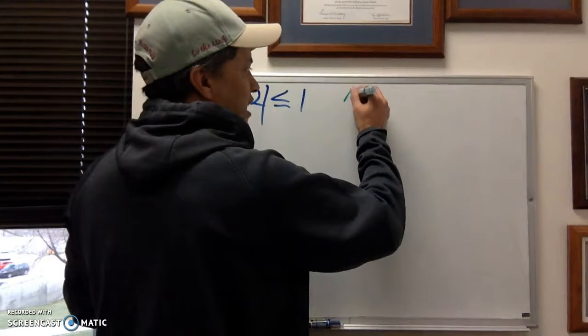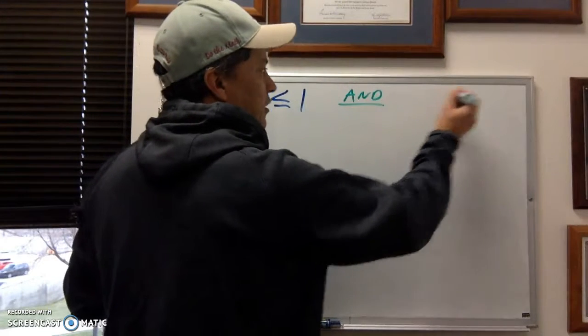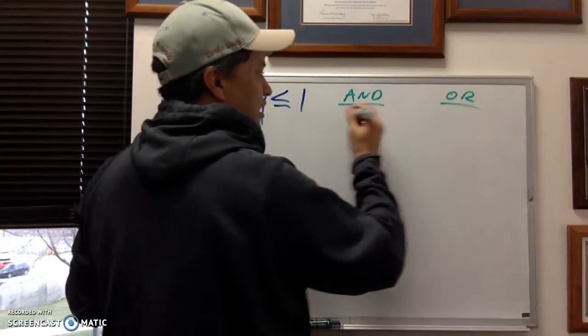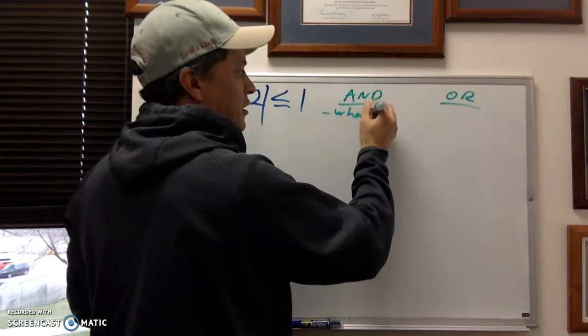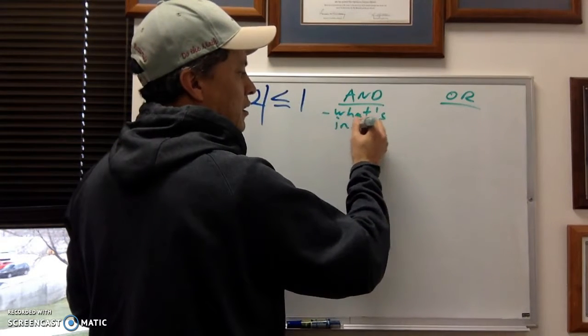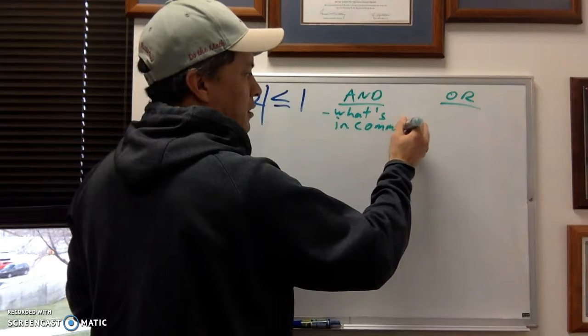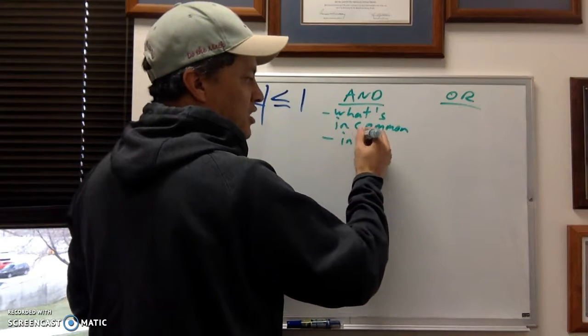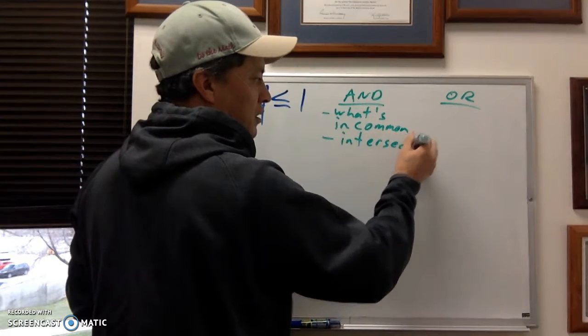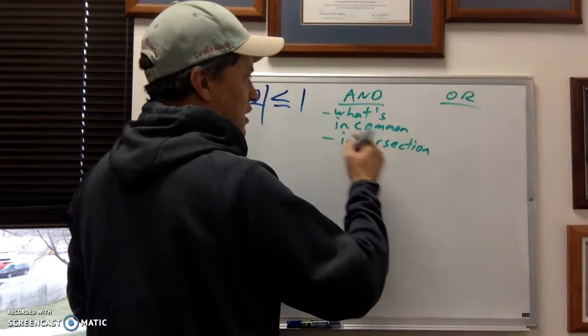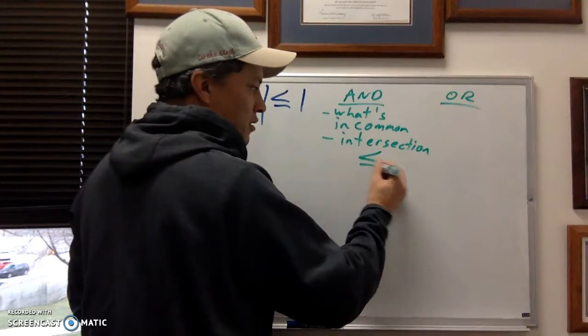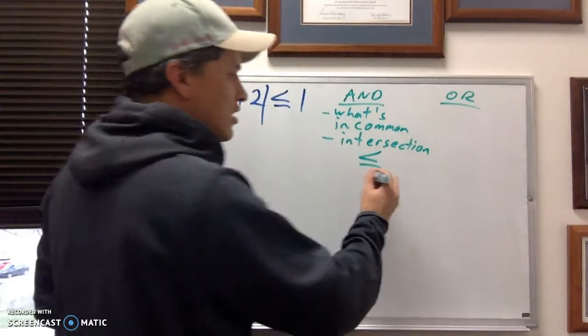We talked about the and versus or before, right? And was what's in common, which is also the intersection. And in this case, we're seeing that it's a less than or equal to. It's also a less than.